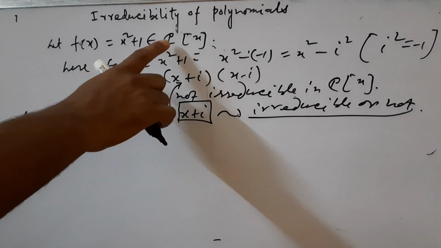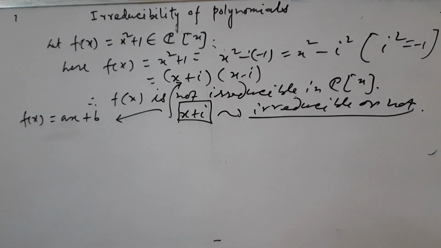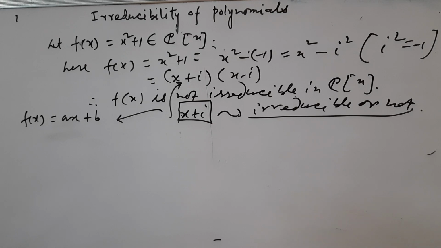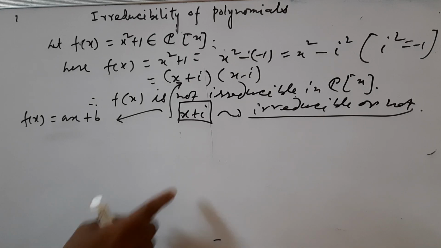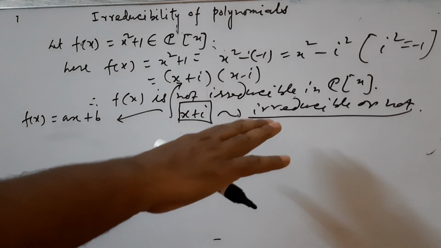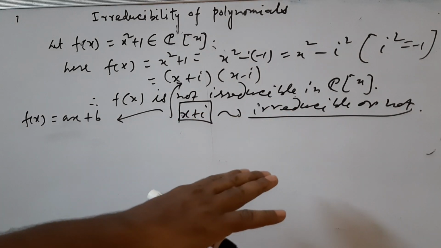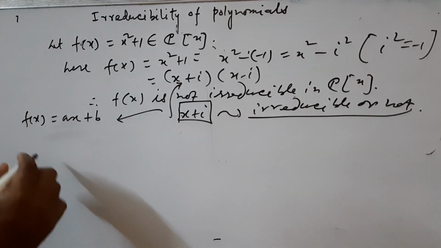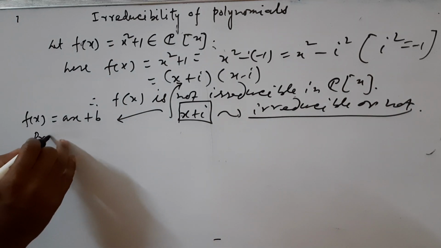We recall C is the field of all complex numbers. So now we are going to set a problem, and if we can solve this problem, then we can immediately say whether this polynomial is irreducible or not. To do this, let us consider this problem.